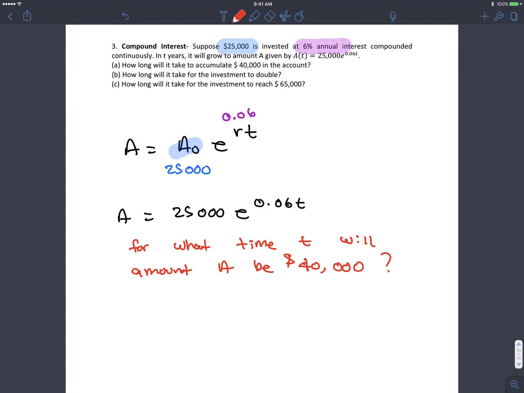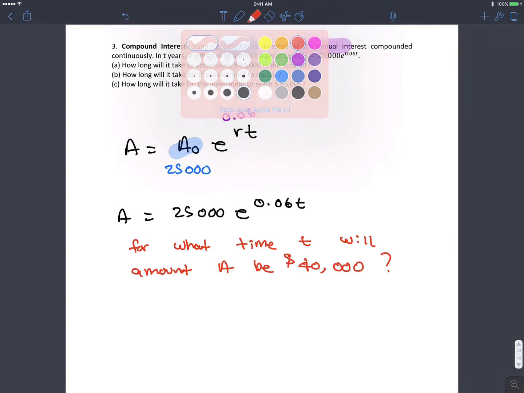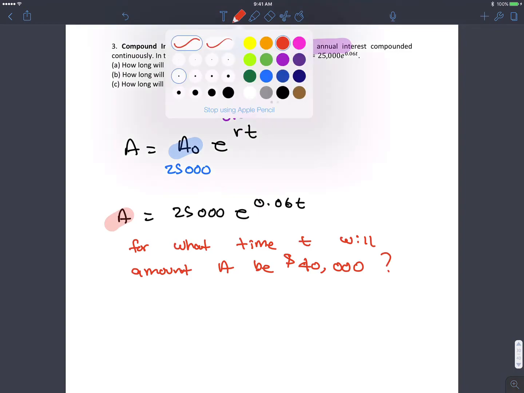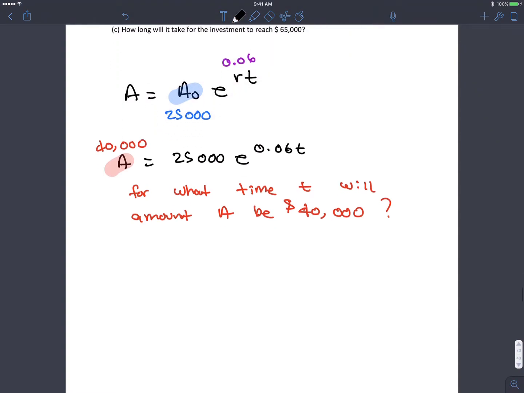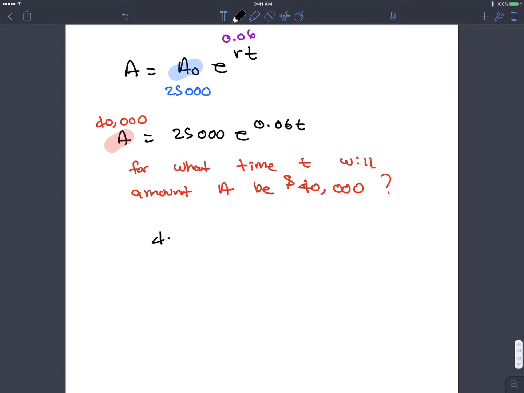So I'm going to replace my A here with 40,000. Now, notice what this gives me. I have an equation that says $40,000 will be our amount for some time t using the model that they gave us or the model that we derived. They want to know for what time t.